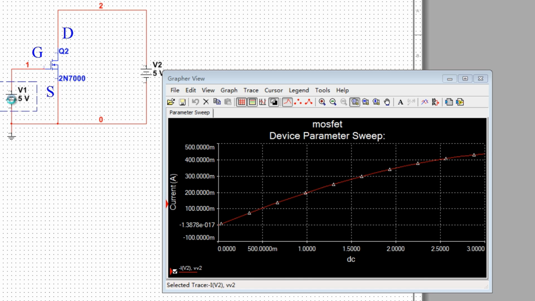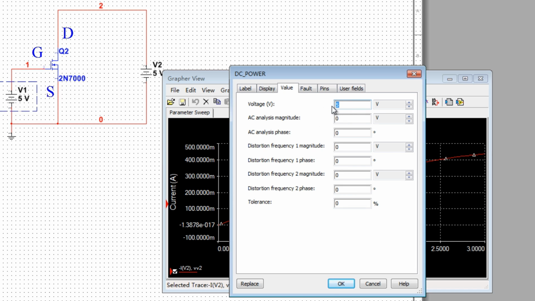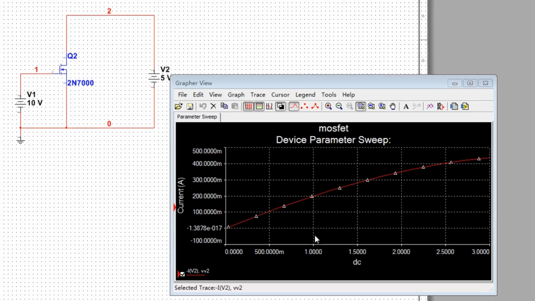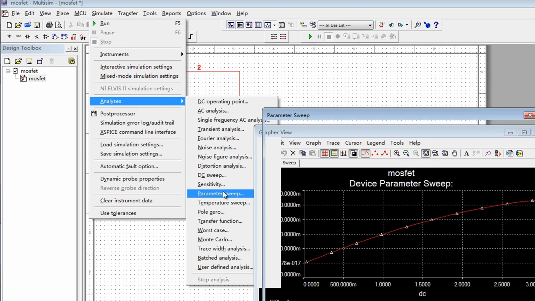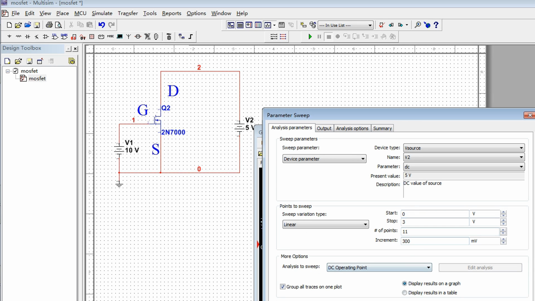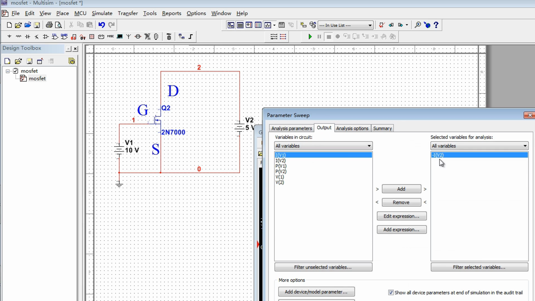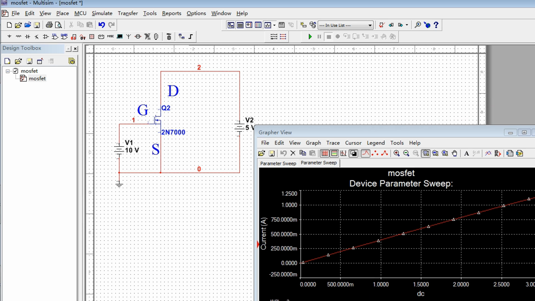We change the controlling terminal voltage to 10 volts now. We do the same simulation, from 0 volts to 3 volts also, and the output is still negative IV2. It is more like a linear resistor now.